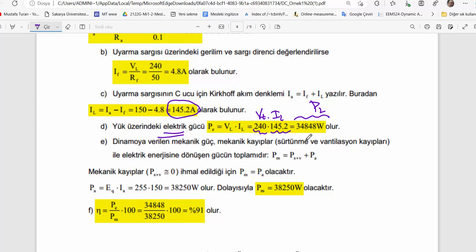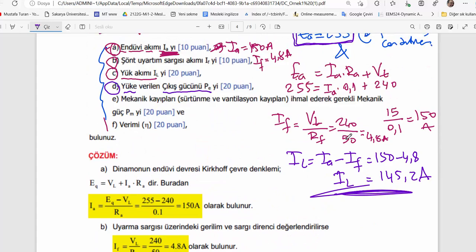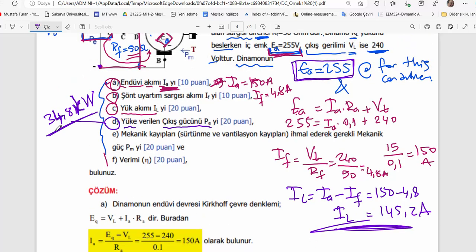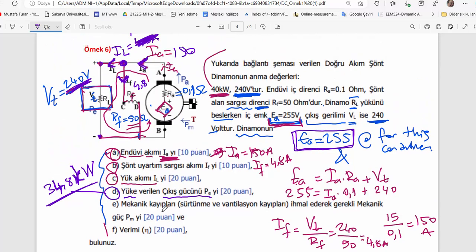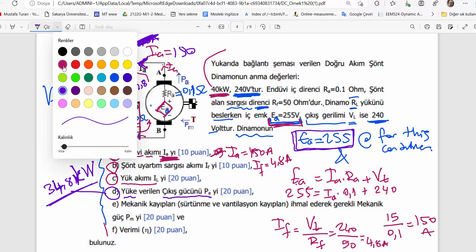It is approximately 34.8 kilowatts. It is an easy question. There is no trick in the question. There is no hidden parameter behind.